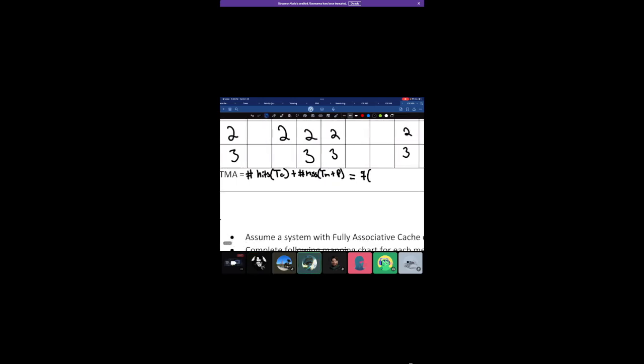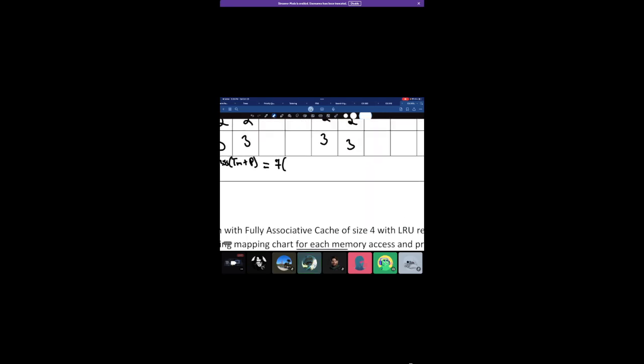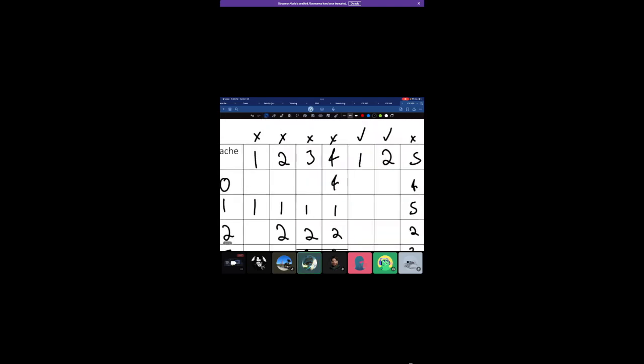So your answer is going to be 7. That's the number of hits. TC is given in the problem, so TC is 4 nanoseconds. Plus the number of misses, 8. TM was 35.